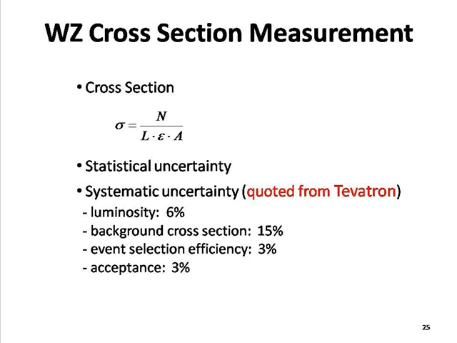Since the LHC is more powerful than the Tevatron, you can foresee that the systematic error will be much lower at the LHC. So these numbers are pretty safe: the luminosity is about 6% and the acceptance is about 3%, which are pretty conservative.